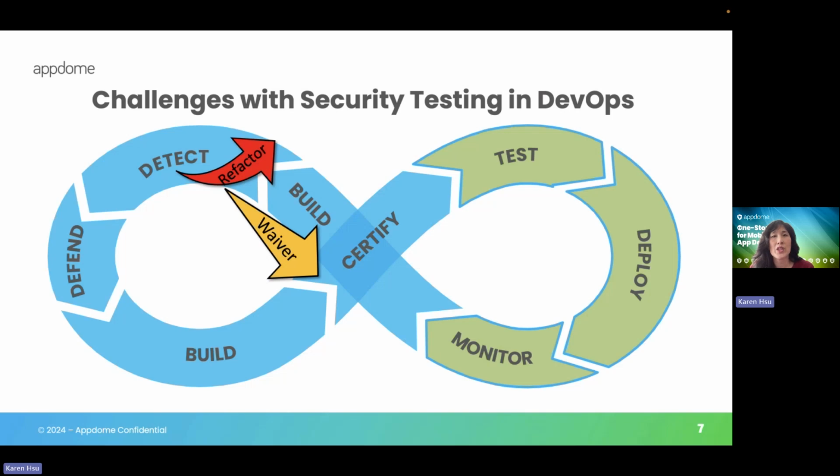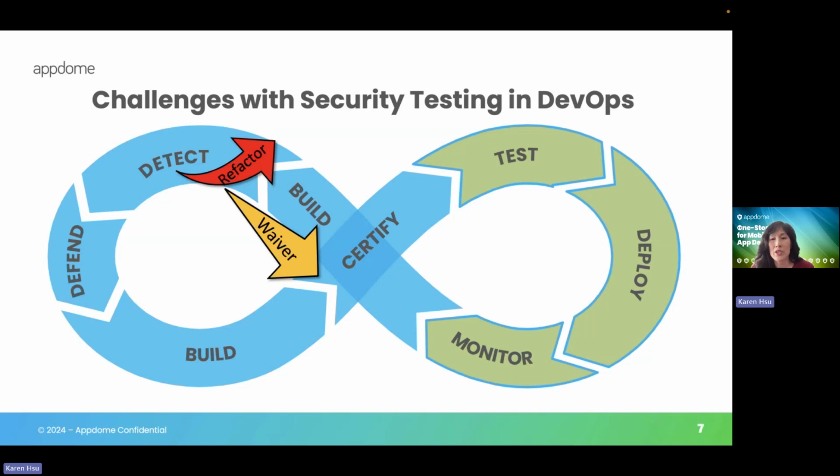Now, the challenge with security testing in DevOps, and this is traditional vendors who offer security testing, and then the customers that they work with will come to a conundrum. They'll come to a fork in the road where after they've detected the vulnerabilities, so basically they've identified a bunch of issues, and now the developers have a choice to make. Do they go and refactor the code and make the fixes and changes that could take weeks or longer?